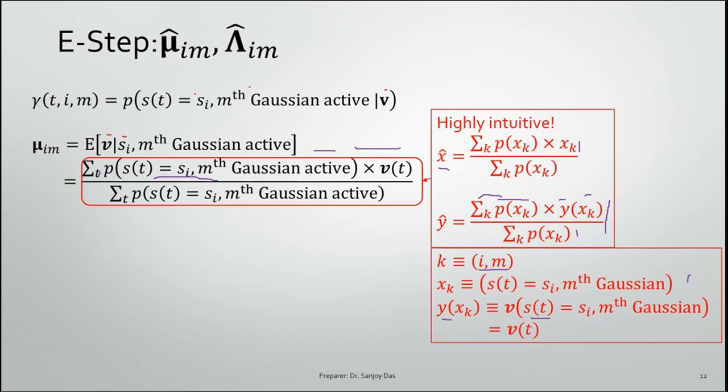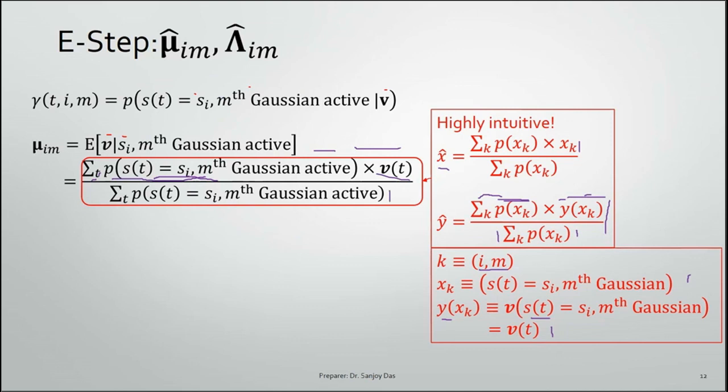And so this p of xk I'm replacing with this probability here, and I'm summing over all times t. And this y of xk is this output vector here at time step t, and the denominator is simply the summation of the probabilities.